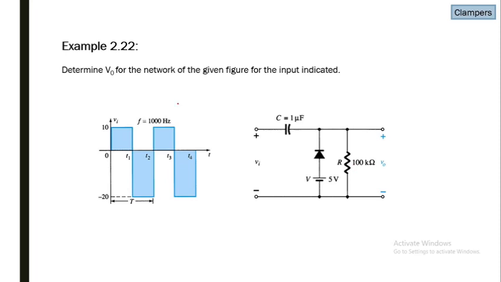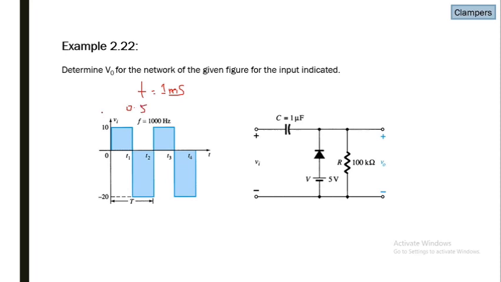Please note that the frequency of this signal is 1000 Hz, or we can say 1 kilohertz, and the time period of this signal is 1 millisecond. Also note that the time for half cycle will be 0.5 millisecond.